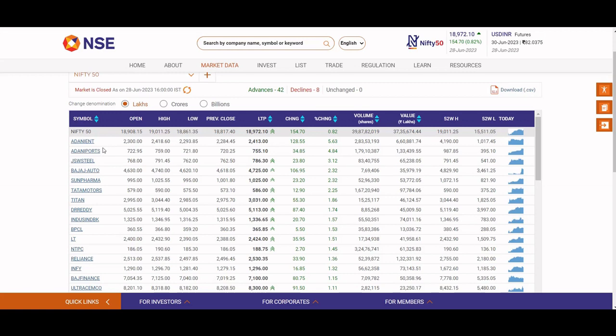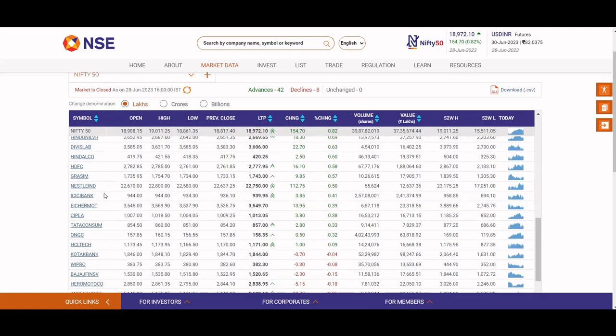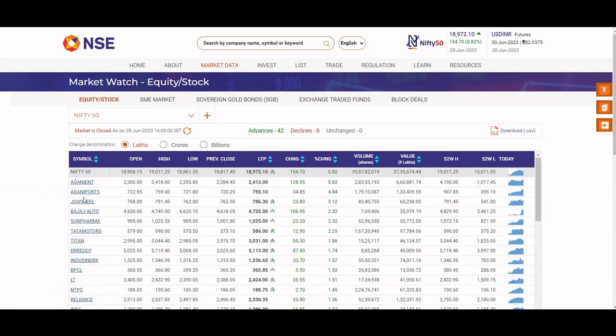Adani Enterprise, Adani Ports, JSW, Indigo Airlines, all those are part of these Nifty 50 stocks. The Nifty 50 price is defined based on these 50 stocks, and each stock carries a weightage. Based on those weightages, the price is derived, and in the end the Nifty's movement is decided by these 50 stocks.